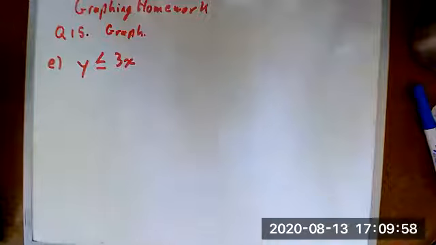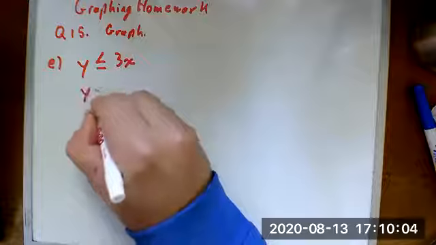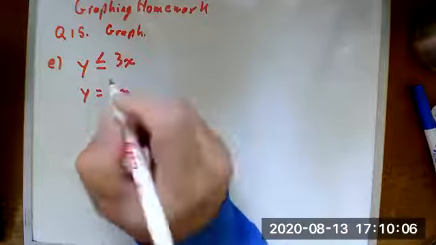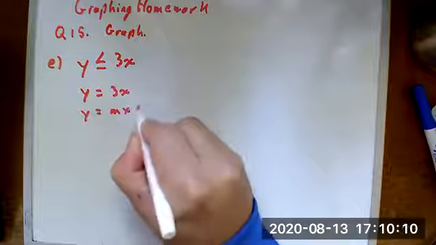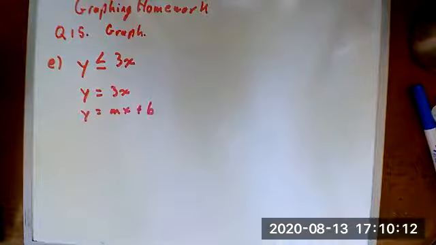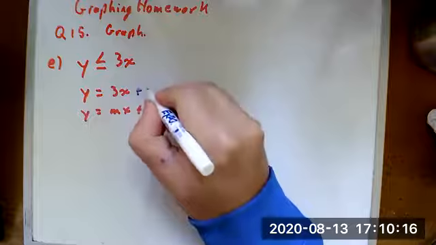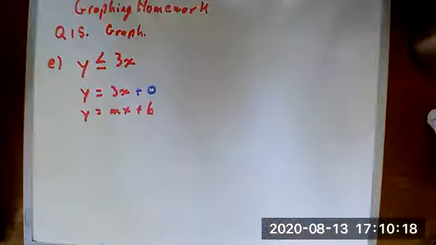They've actually already given it to us in y equals mx plus b form. If we take the related sentence, y equals 3x, this is already in y equals mx plus b form. We just need to note that our b is going to be 0. So we are crossing the y-intercept right at (0, 0).